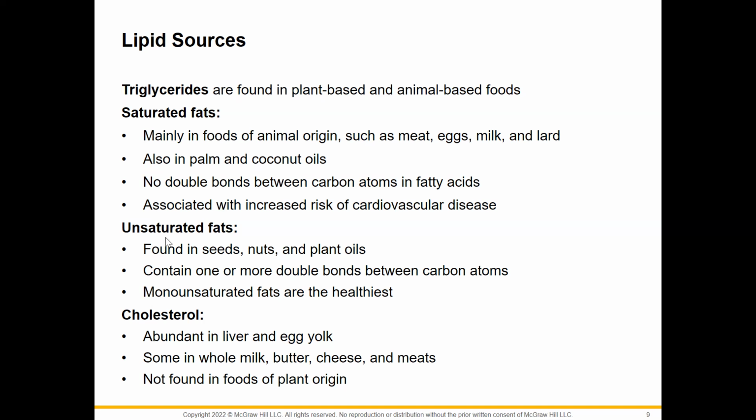All right, so it's unsaturated because these are not saturated with single bonds. You have at least one, possibly more, double bonds between carbon atoms. Monounsaturated fats seem to be the healthiest. Mono meaning one, so that would be those unsaturated fats that have one double bond. They seem to be the healthiest.